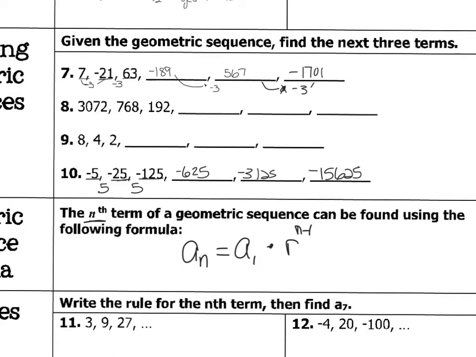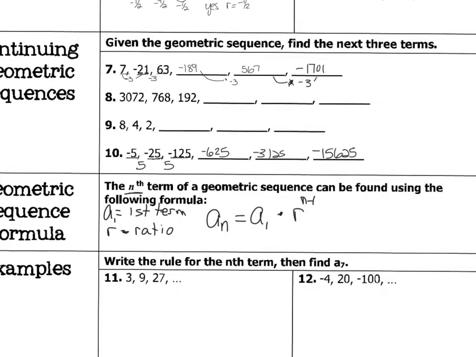If you remember when we did arithmetic sequences, a sub 1 is your first term. And then r, in this case, is your ratio, your common ratio.